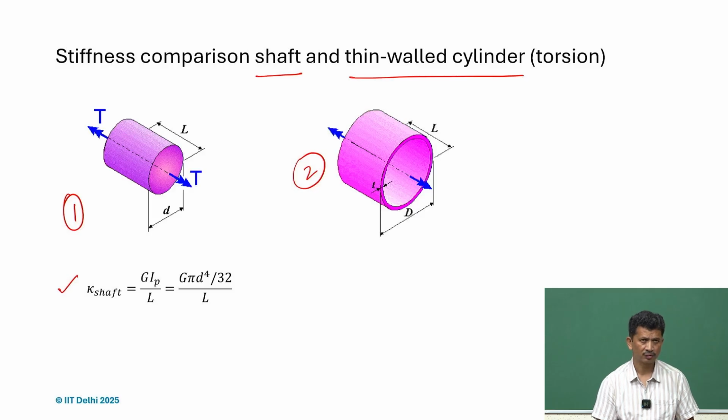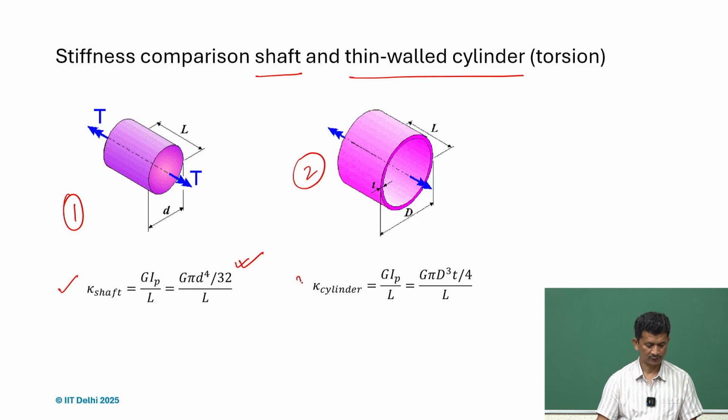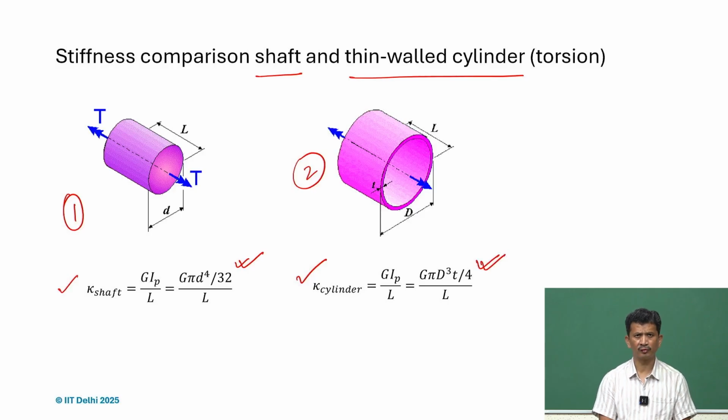For solid shafts it's G IP divided by L, and we can always replace IP with pi d to the power 4 by 32. For the cylinder, the IP value will be pi d cubed T by 4. So, if you are interested, you can always use the formulation.